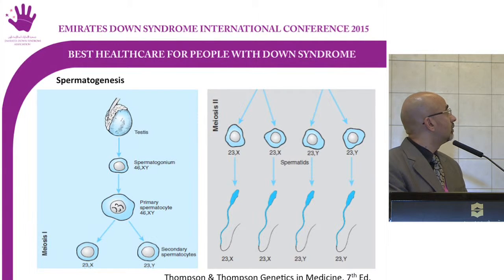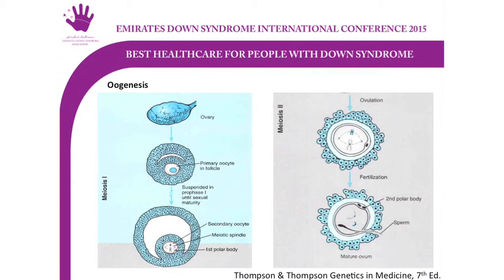Sorry. However, the story is a little different for oogenesis. The process starts during prenatal life. During prenatal life, the primary oocyte starts the first meiosis. However, it stops at prophase. So when a female is born, all her cells are stopped during prophase, and they remain arrested in this phase for many years until the time of ovulation.